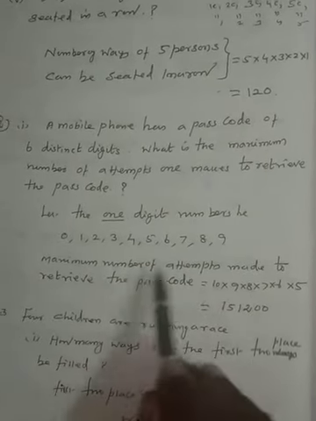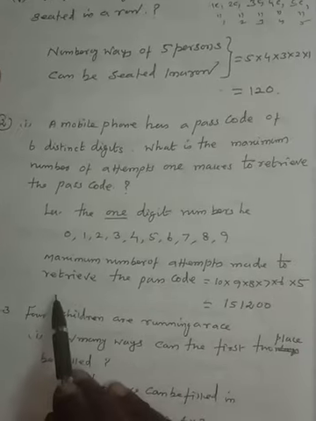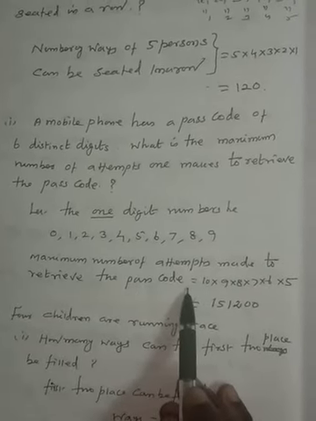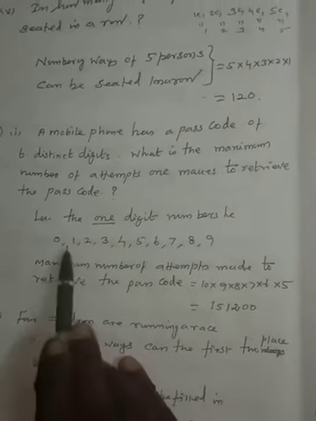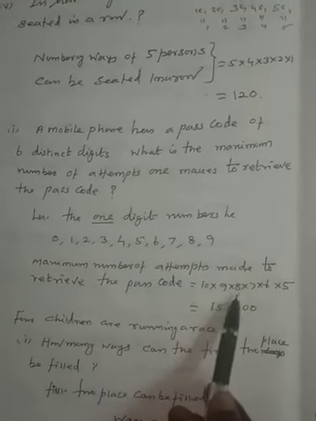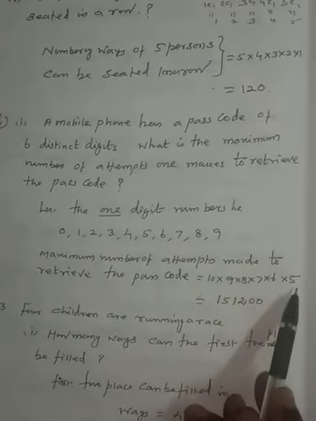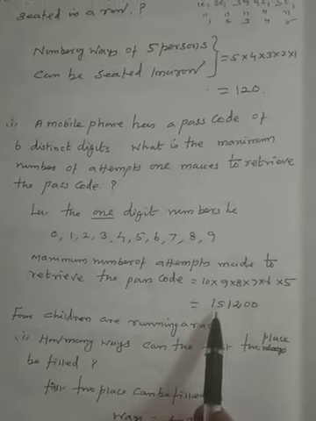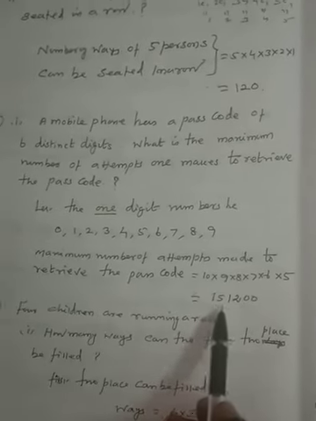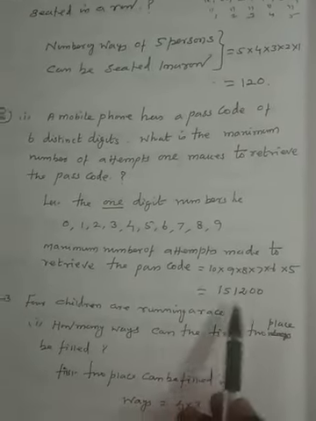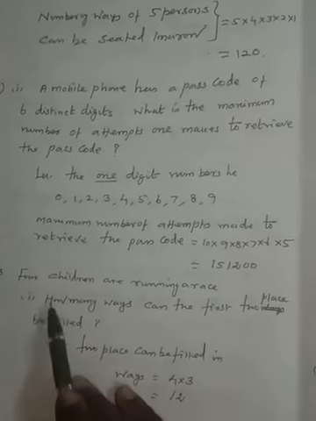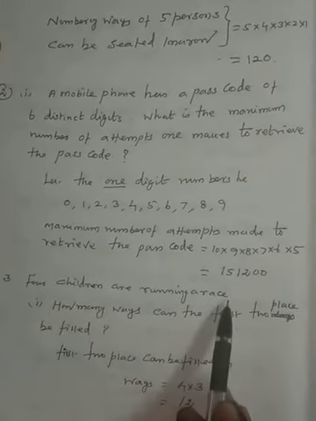The maximum number of attempts is 10 into 9 into 8 into 7 into 6 into 5. So the answer is 151,200.